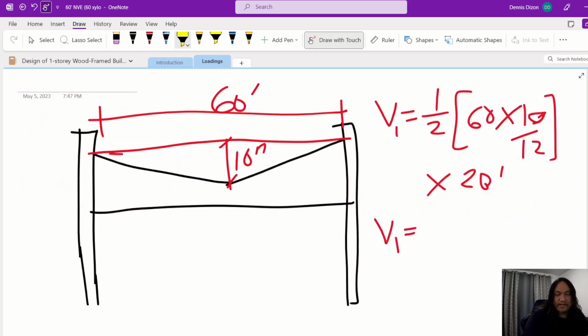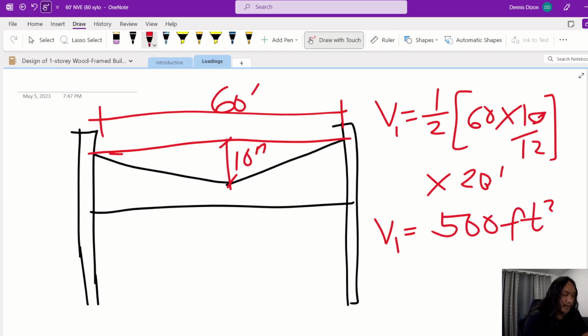So volume 1 is 60 times 20. So this is equal to 500 cubic feet.